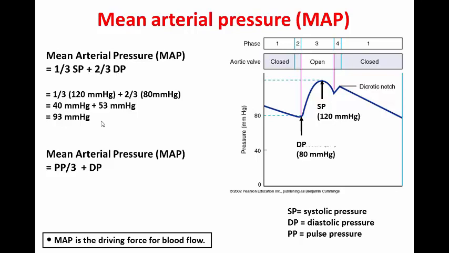Another equation which we might use for calculating the mean arterial pressure is that the mean arterial pressure is equivalent to 1/3 the pulse pressure plus the diastolic pressure. Now, this mean arterial pressure is the driving force for blood flow.